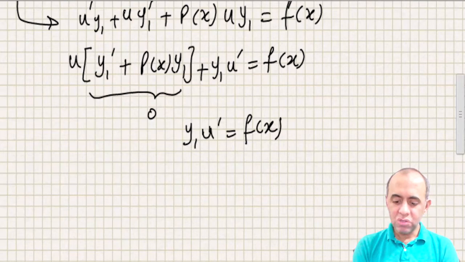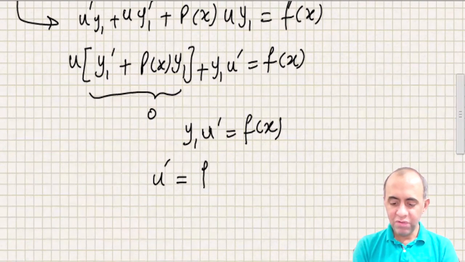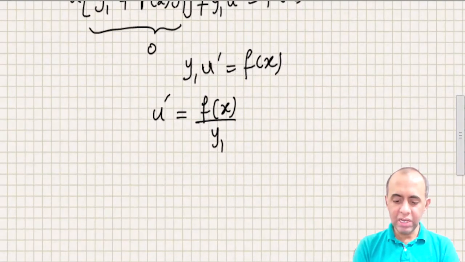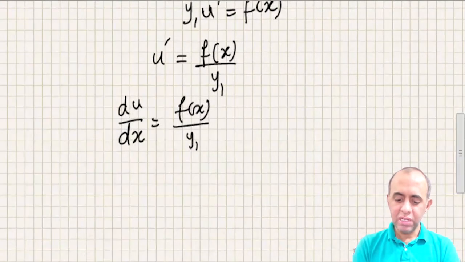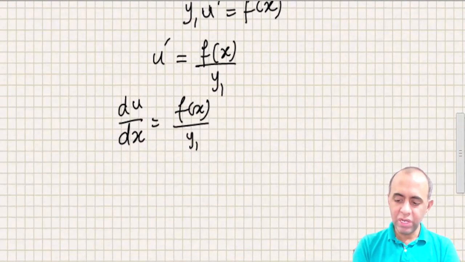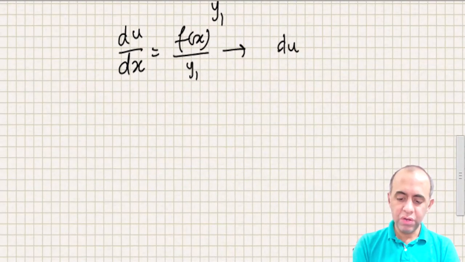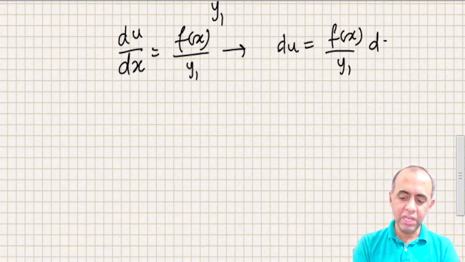So from here we get the value of u prime, which is f of x divided by y1. Now we can rewrite u prime as du by dx, so I can write this down as du equal to f of x divided by y1 dx, and I can take the integral on both sides.